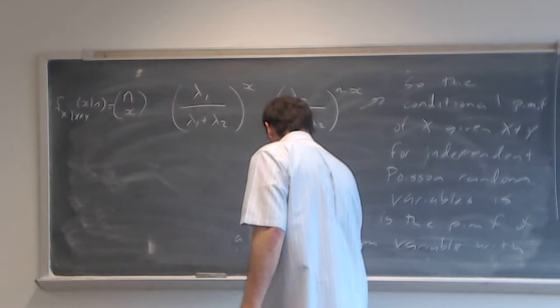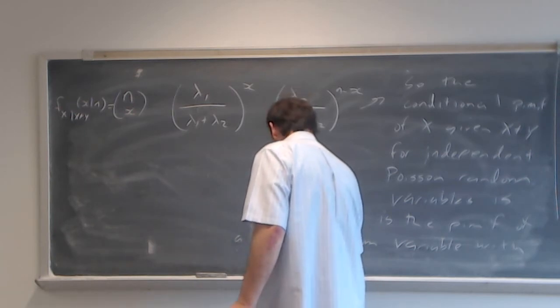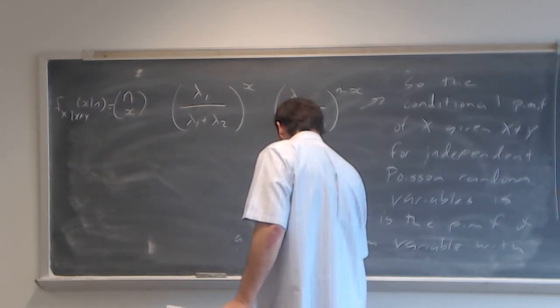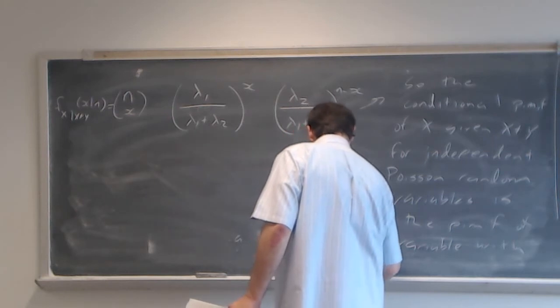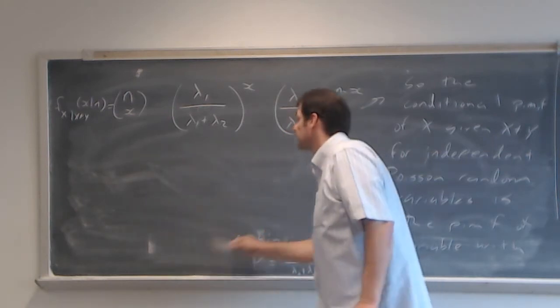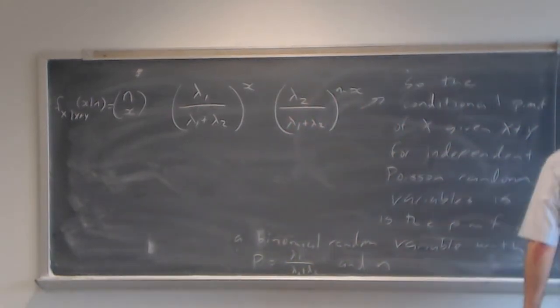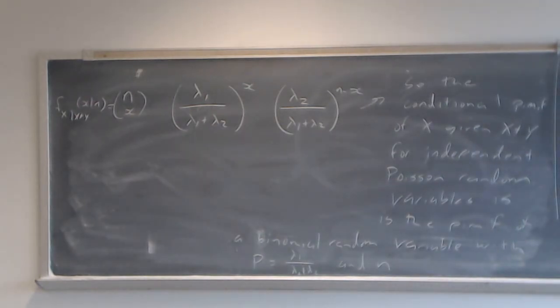So p is equal to lambda sub 1 over lambda sub 1 plus lambda sub 2, and the parameter n. That's what we have. Okay, so we can use that to answer the question that we posed.